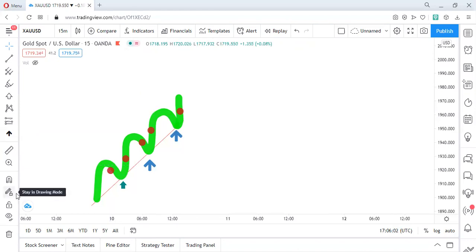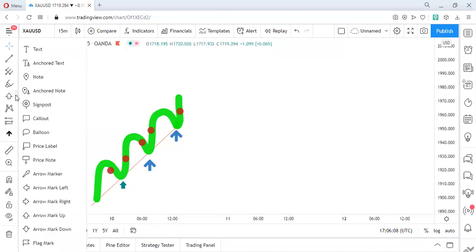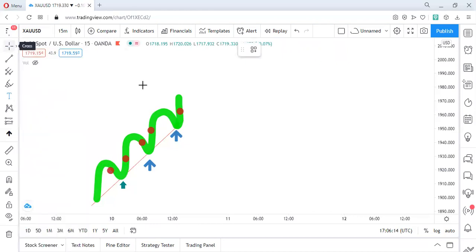You wanna focus on buying when the market is bullish, and then you wanna focus on selling when the market is bearish. But right now I'm talking about a bullish movement. So let's give this trend a name so that you can know what I'm talking about.